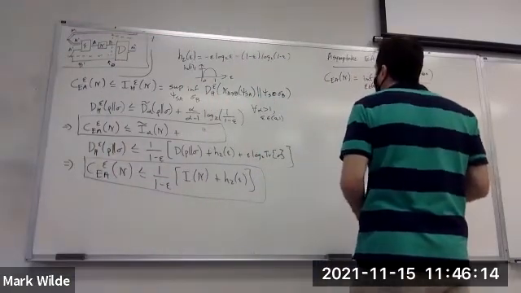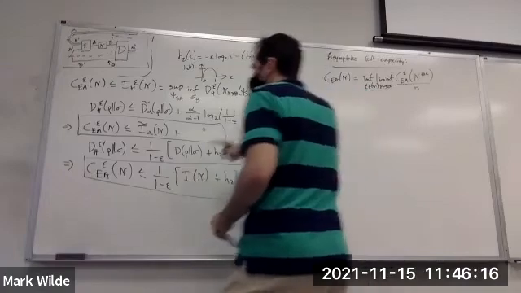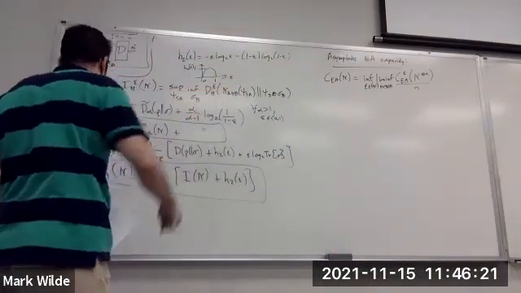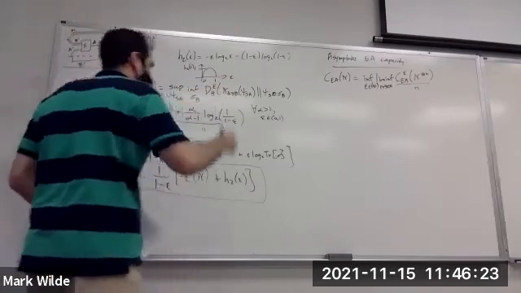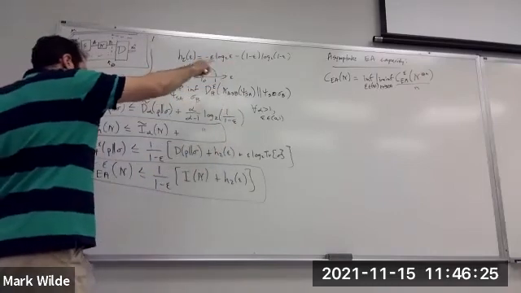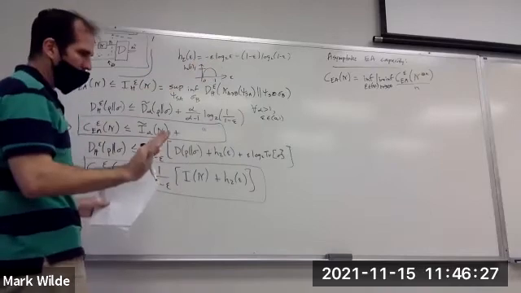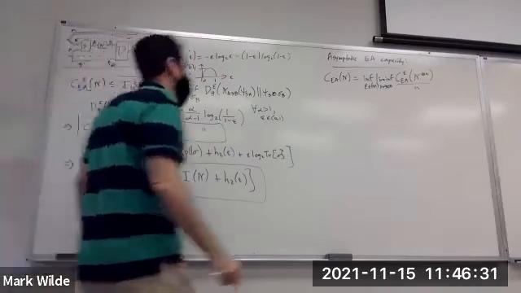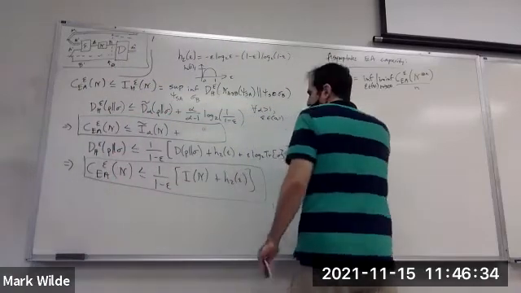And so now let's do this one. Let's just establish an upper bound on this entanglement-assisted capacity, what we call the weak converse bound. So how do we do it? Just use this upper bound.